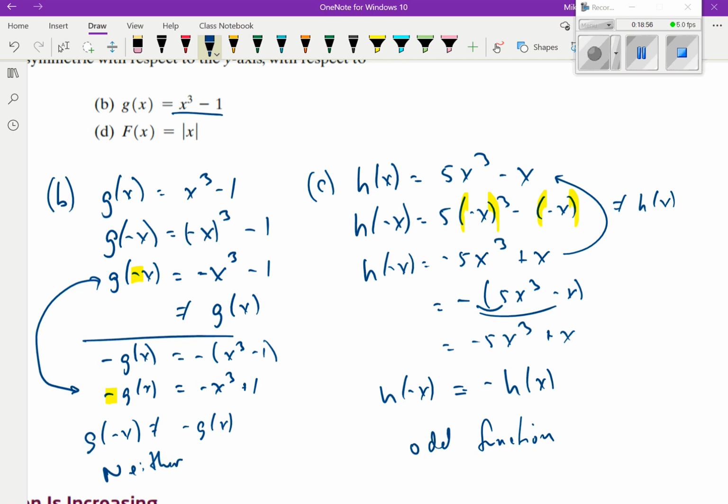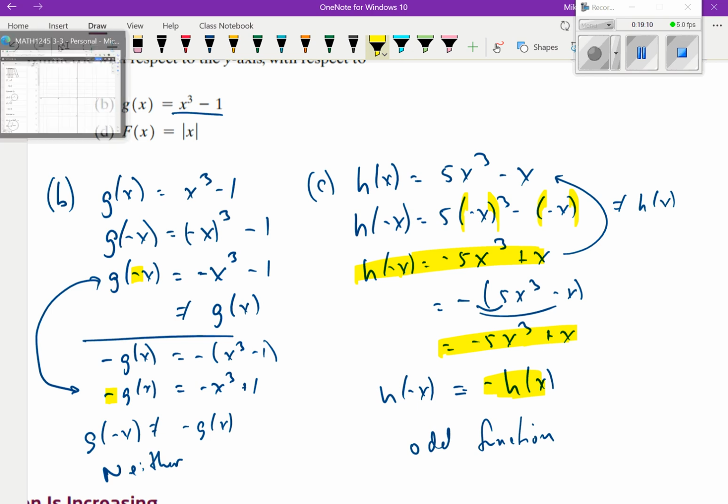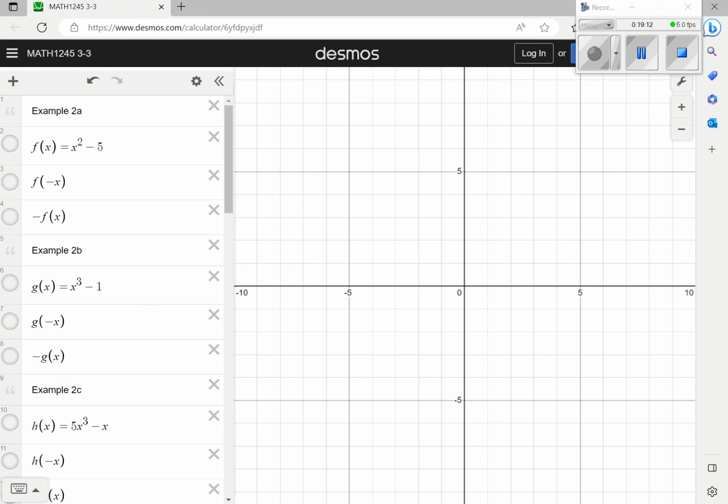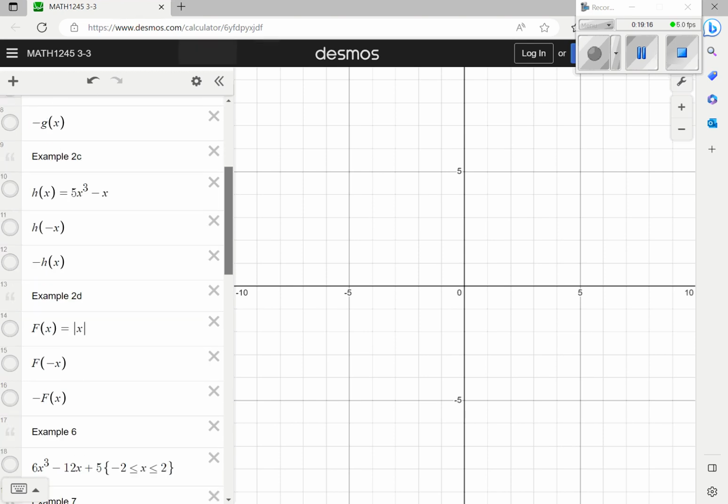Okay. So what we're comparing then is h of negative x, which I ended up with is that piece, ended up being just the opposite of what the original was, and in that case then we end up with the odd function. If we take a look at that one, let's do this graphically.